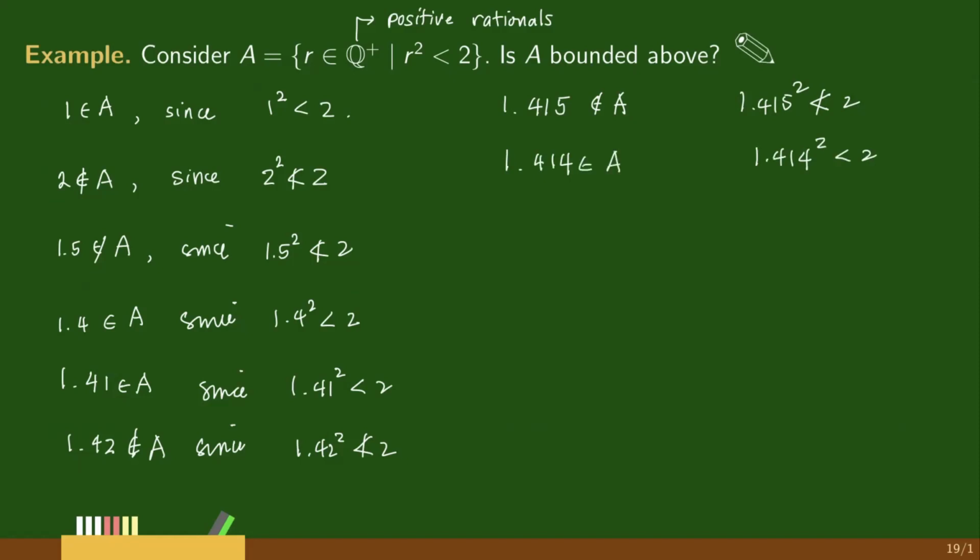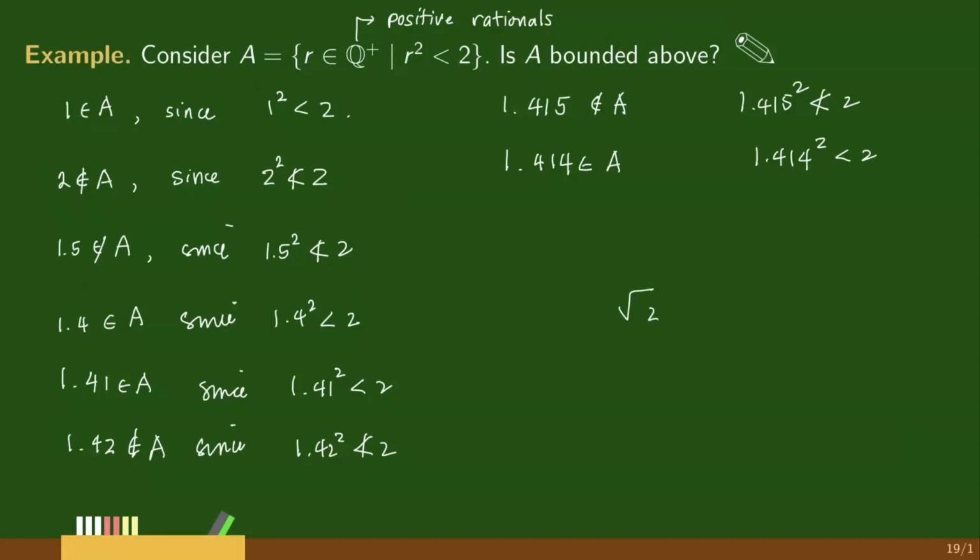And so on. Nakita niyo, this time, if I ask you, what is the least upper bound for A? Mahirap sagutin, no? You know, little did you know, binibigyan ko kayo ng algorithm how to approximate the number square root of 2.